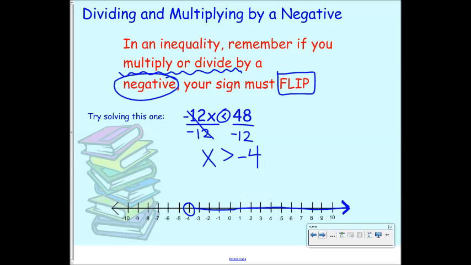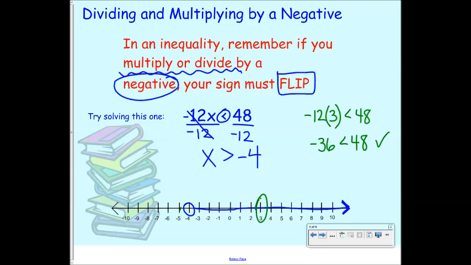So pick a number here. Let's pick, for instance, 3. All right, if I go back and plug that in, negative 12 times 3 less than 48. That ends up giving me negative 12 times 3 is negative 36, which is less than 48. That is a true statement.